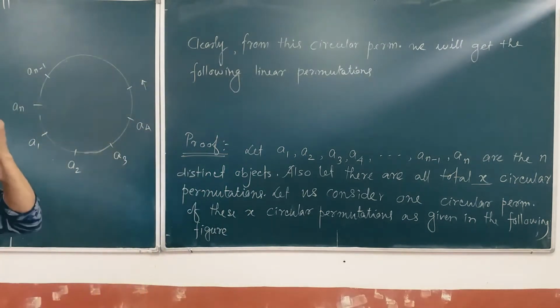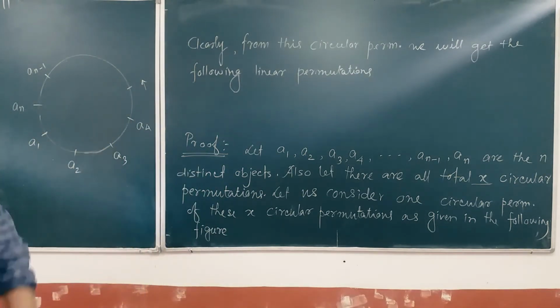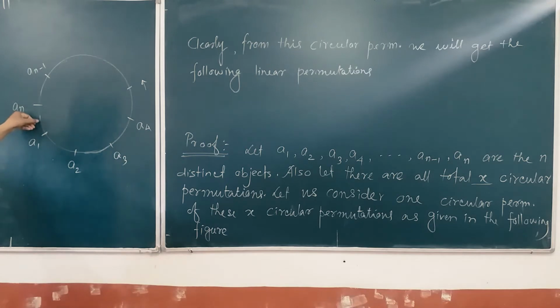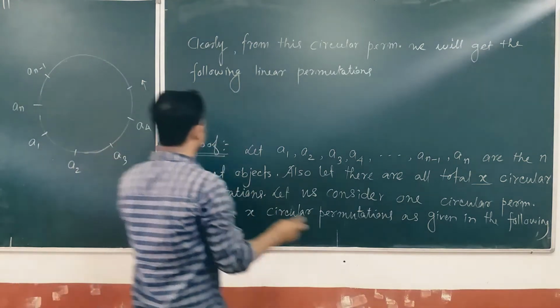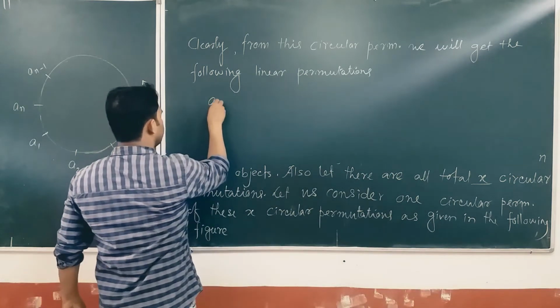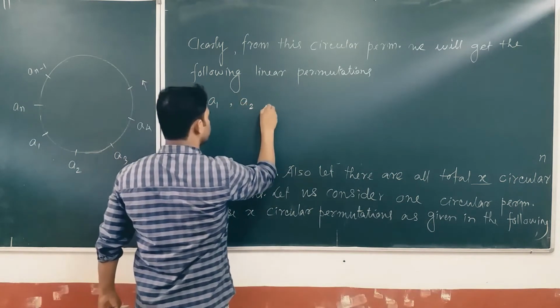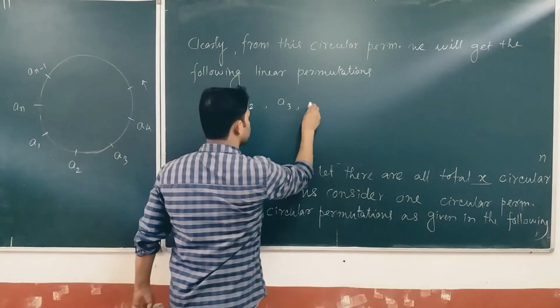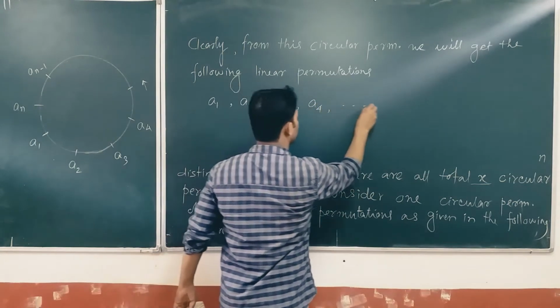What kind of linear permutations we get, I have already told you. First let us break down here, then the corresponding linear permutation will be equal to A1, A2, A3, then A4 and so on.